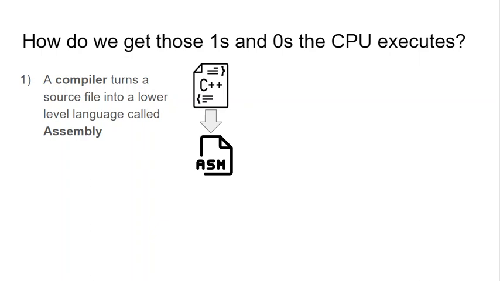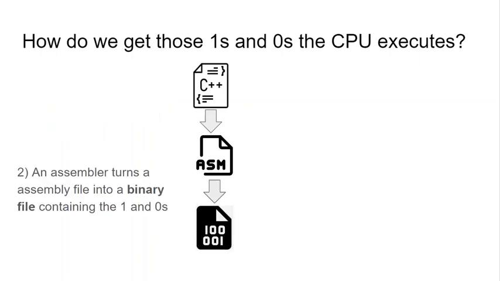And then we use another tool called an assembler to convert that into a binary file that has ones and zeros. So no matter what development environment you're using, when you build your program, there's probably a compiler and an assembler under the hood that are taking your code that is maybe slightly English-like, and crushing it down into the ones and zeros that a CPU can actually execute.